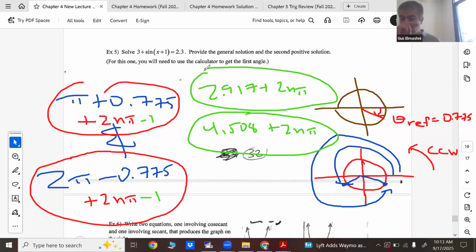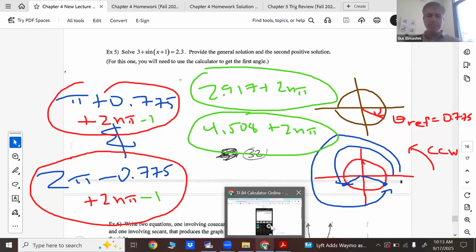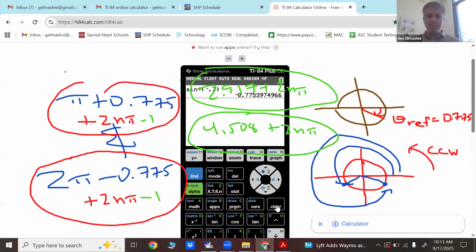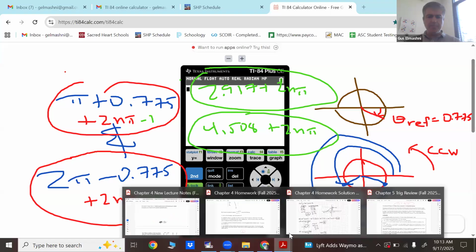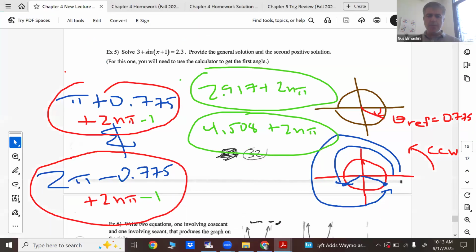Okay. Yeah. There we go. And you can always check it out. If I were to do sine of, what was the equation again? It was 3 plus sine. Got it.